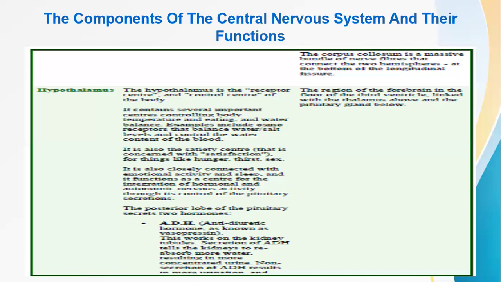Speaking of the structure of the hypothalamus, it is the region of the forebrain in the floor of the third ventricle, linked with the thalamus above and the pituitary gland below. So this is how it's structured and where it's located. This is the hypothalamus within the brain.